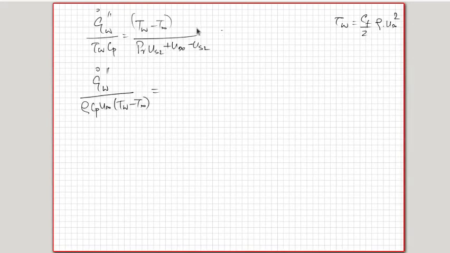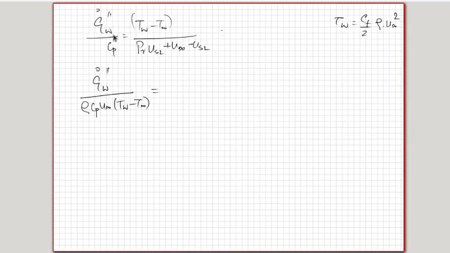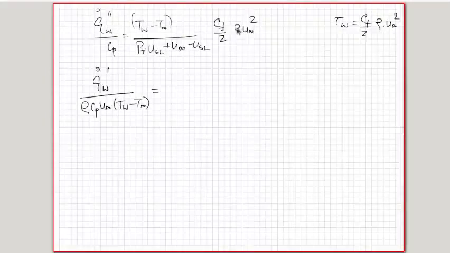Okay, so let me bring this tau wall here onto this side and write this as Cf by 2 into rho u infinity square. And then this rho I bring it down here, and one u infinity I bring it down here, so the other u infinity remains on this side.